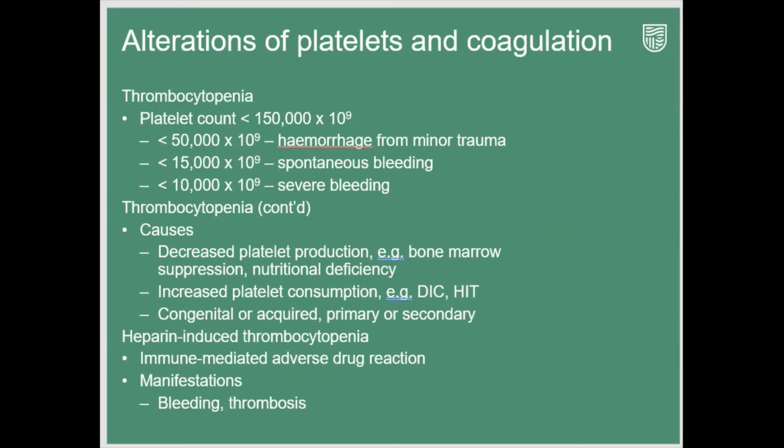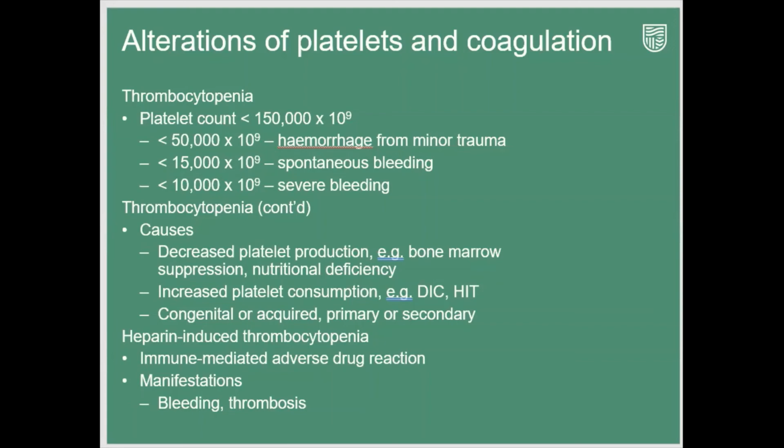So heparin-induced thrombocytopenia, or HIT, is caused by an immune reaction directed against the complex of heparin and platelet factor 4, which is a normal component of platelet granules that binds to heparin. That activates the remaining platelets, leading to thrombosis.